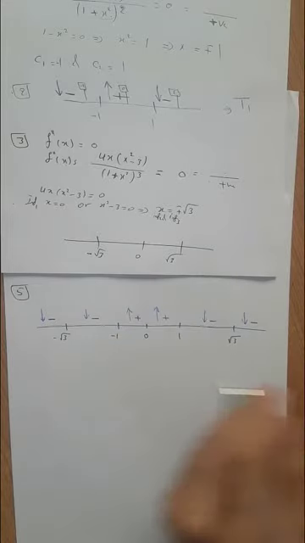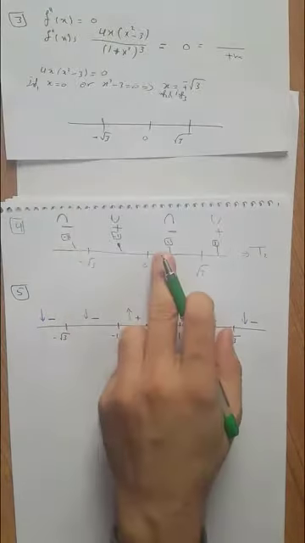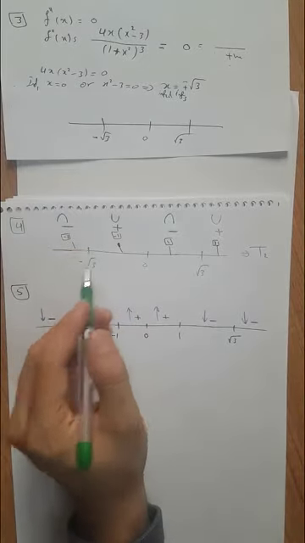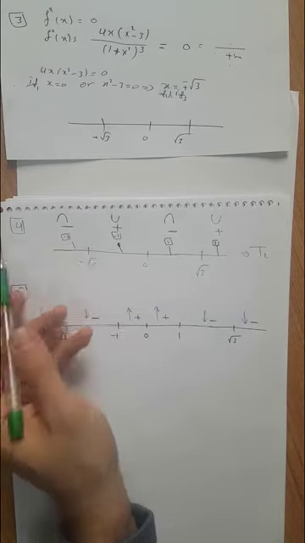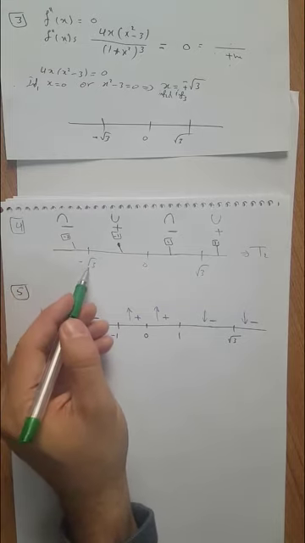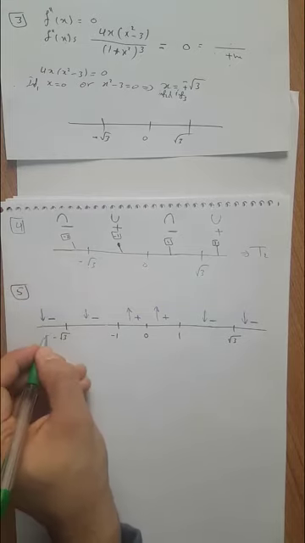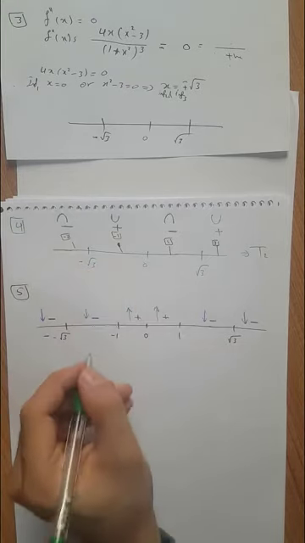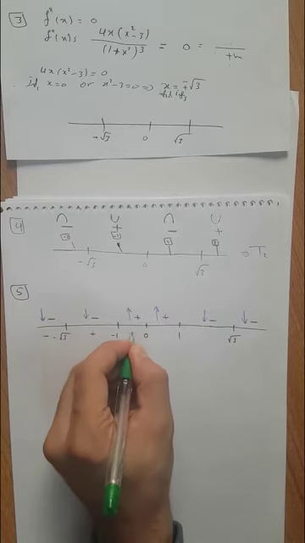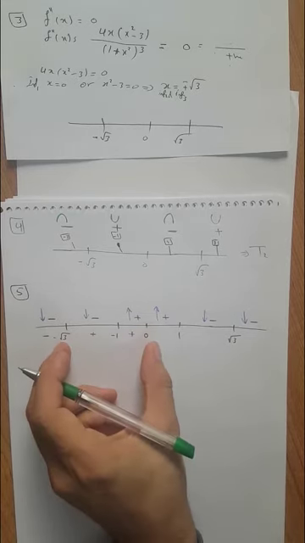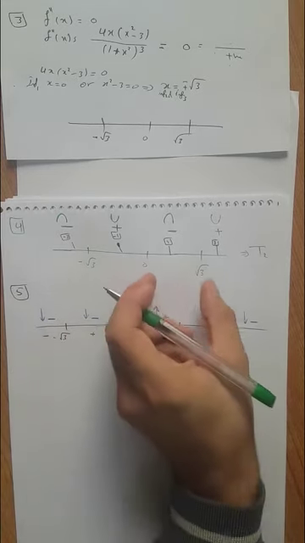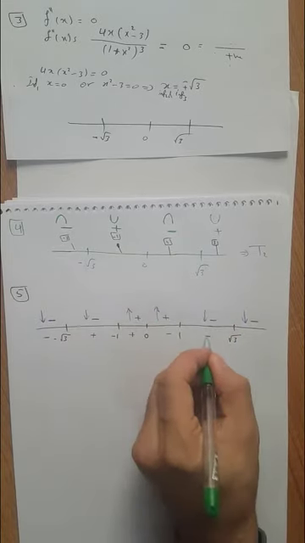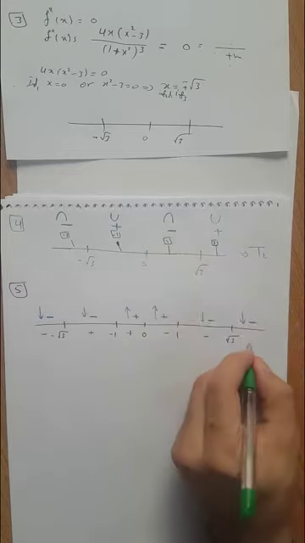Okay, how about table 2? Table 2 means that before minus 3 we have positive, between minus 3 and 0 we have positive, between 0 and 3 I have negative, and greater than 3 I have positive.